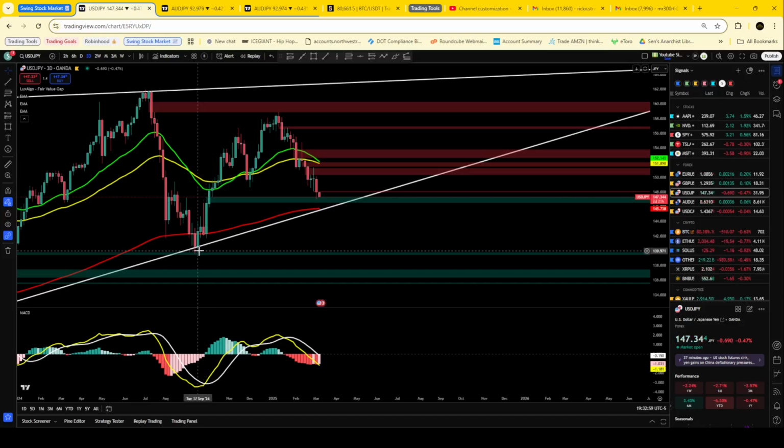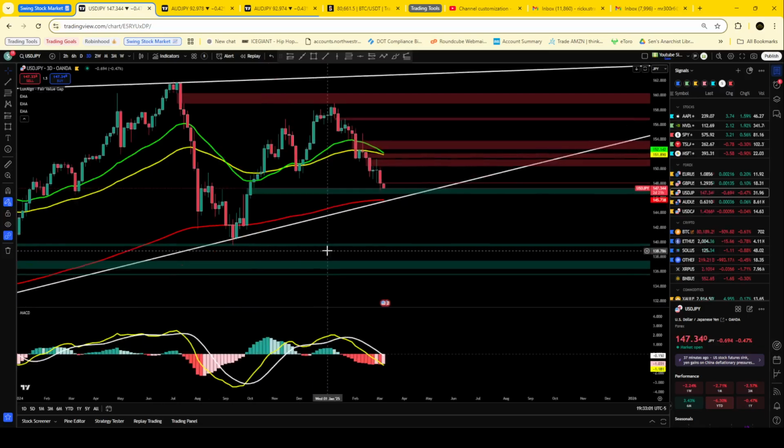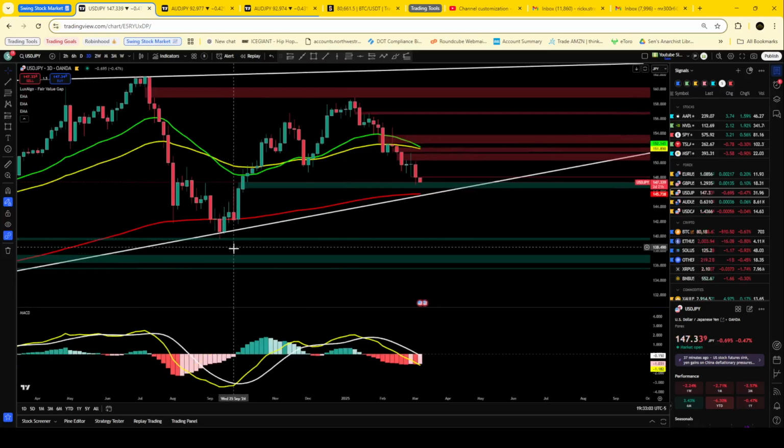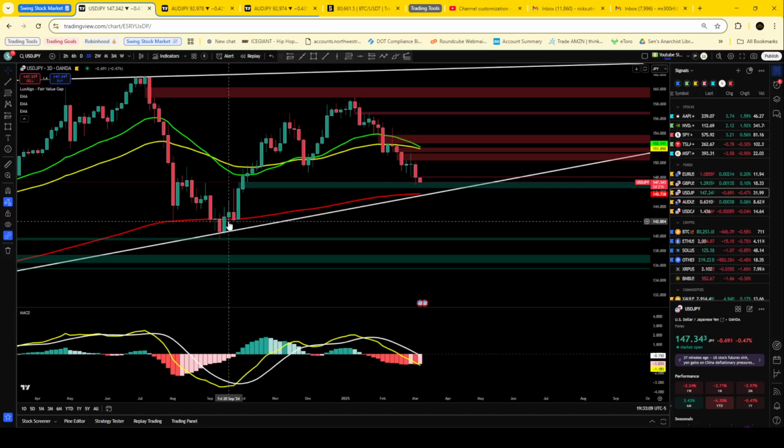Boom. These two are great examples. We have some dojis right here. I call these dojis. I don't get all worked up about the actual names of candles, because it's better to just know what the candle does.